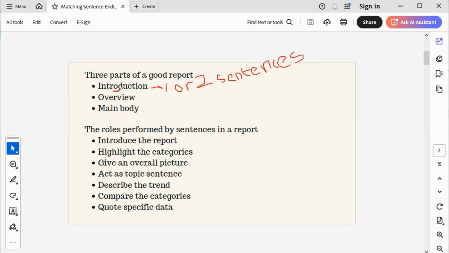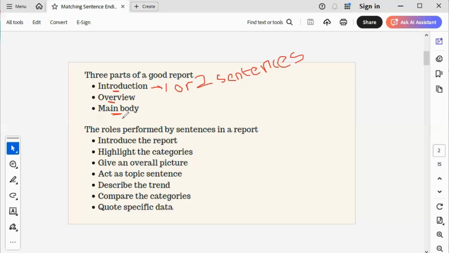Okay, so introduction is the first part of your report. You must be able to do that very well. Overview is the second part of your report. You must be able to do that very well. And then the main body is the third part of your report. This main body usually should have 2 paragraphs, or 3 paragraphs, especially if you are dealing with line graphs, bar charts, pie charts, tables, or combination charts.